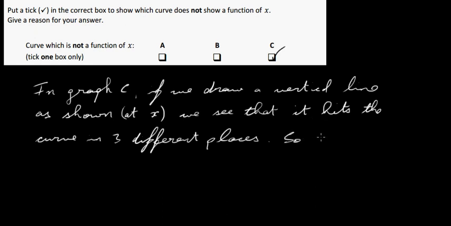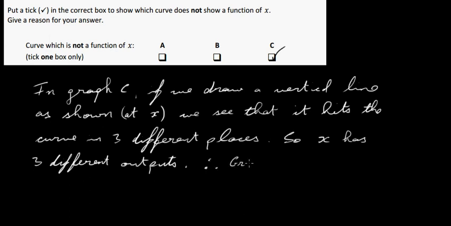So x has three different outputs. Therefore, C is not a function.